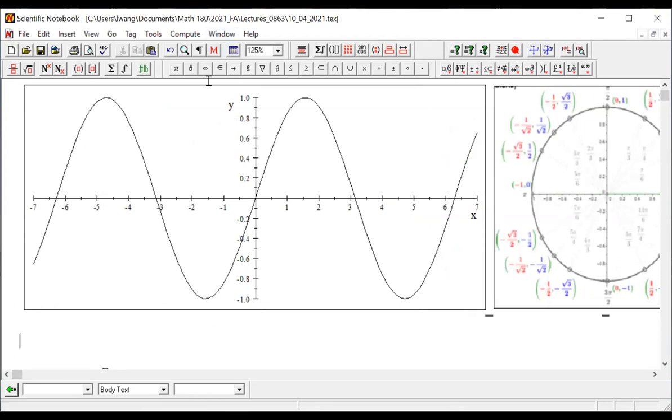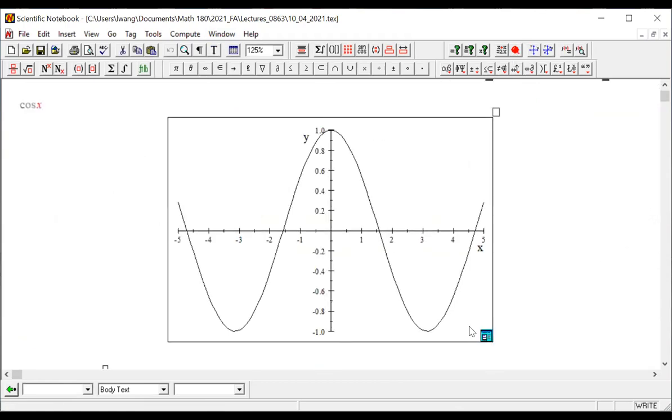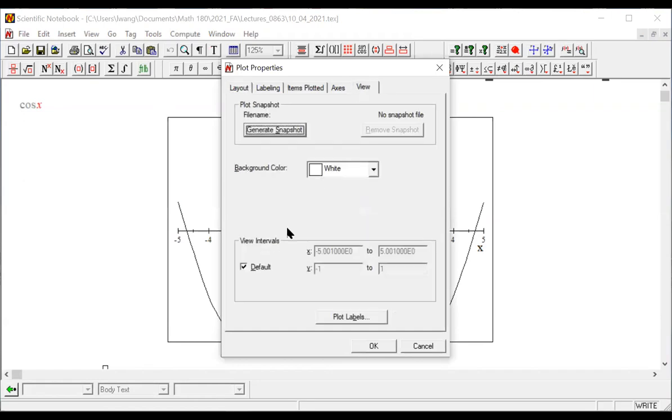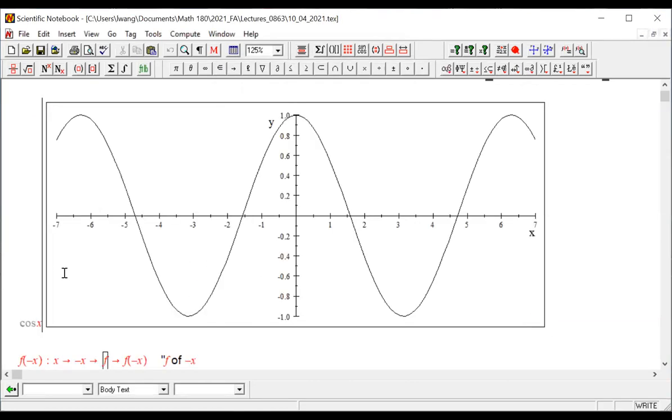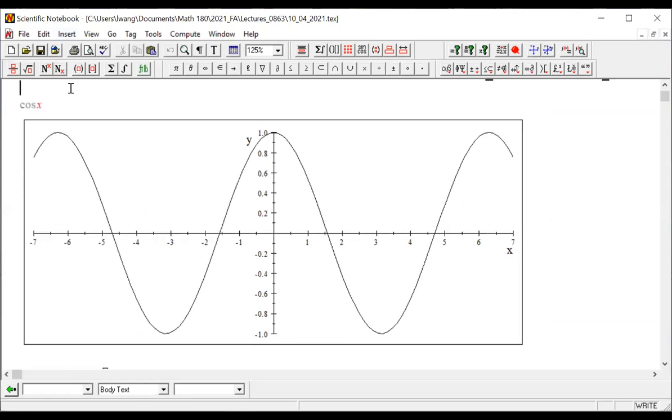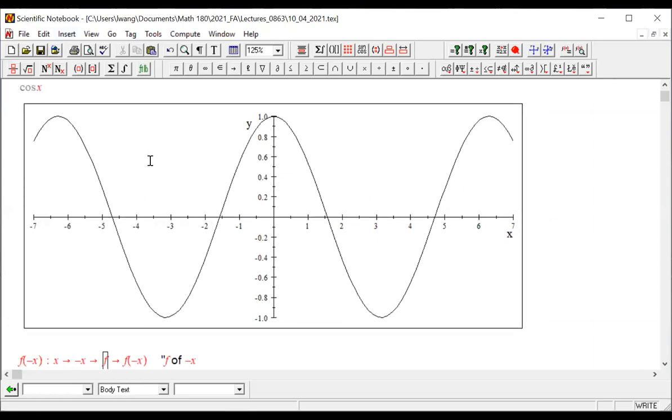So let's draw the cosine curve. Is the cosine even? From the picture, you can tell, right?